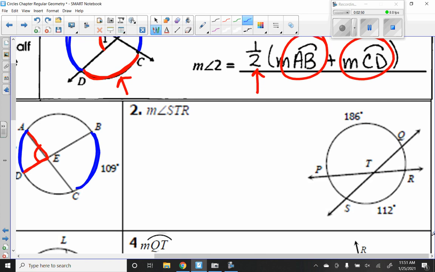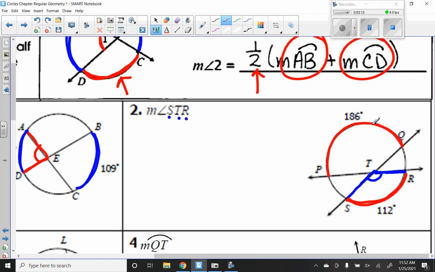All right, let's look at STR. Start at S, stop at T, end at R. So that's an angle pointing down. That angle will work with the up and down arcs.